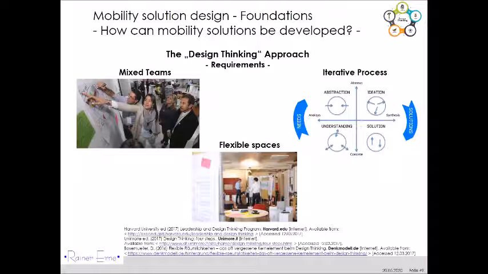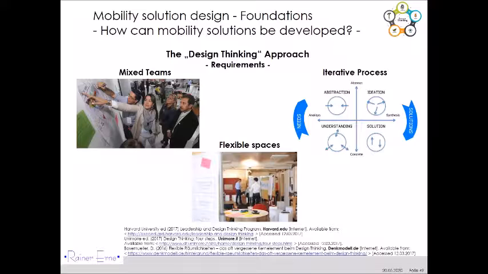And the third requirement is that the process goes in several iterations, so you can't really plan when it's finished. It's finished when you have a validated prototype which has proven to be marketable. And what we will do, as I already mentioned, is one iteration.